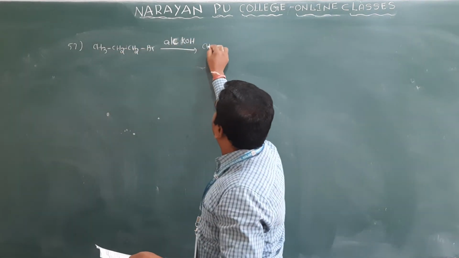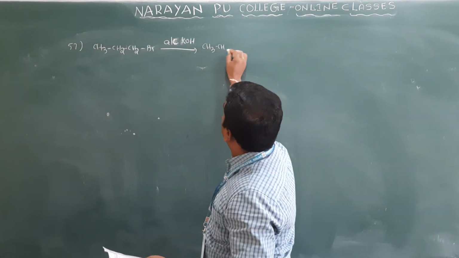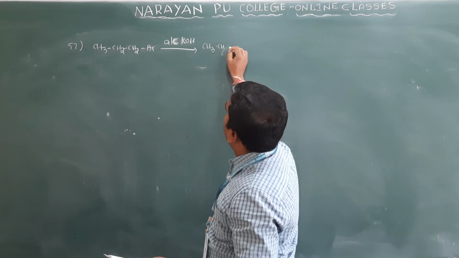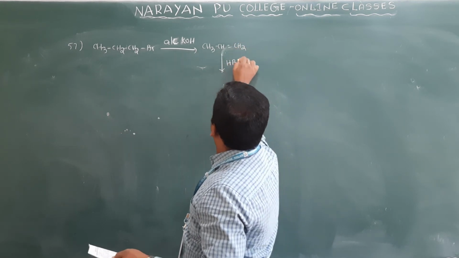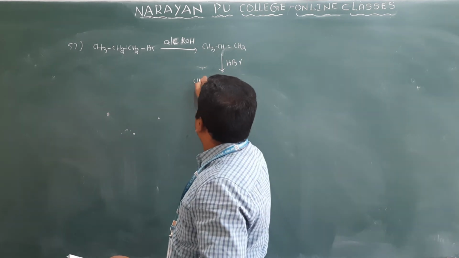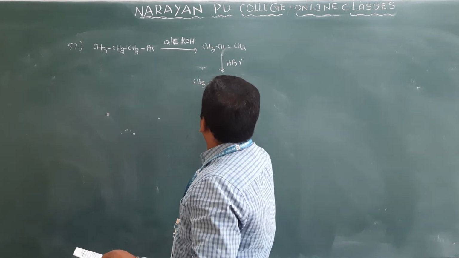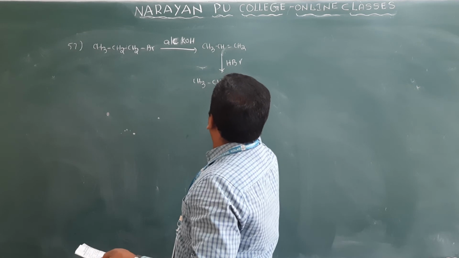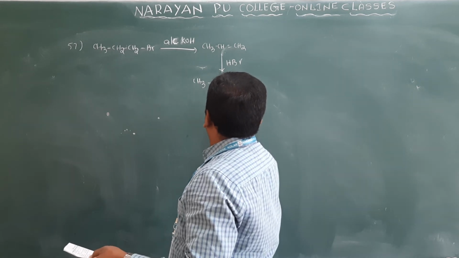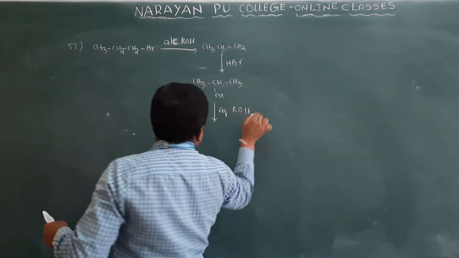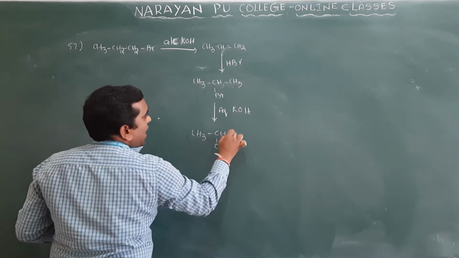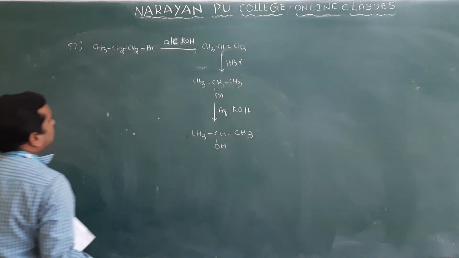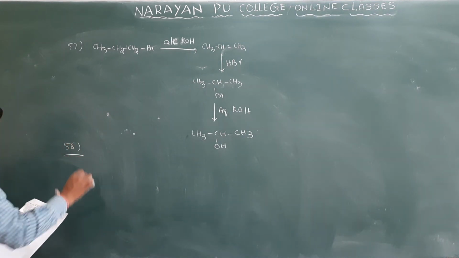Then you get CH3CH=CH2. Then HBr, with no peroxide, so it follows Markovnikov's rule, and you get CH3CHBrCH3. Then they are asking aqueous KOH. Aqueous KOH means substitution reaction, and OH replaces Br. That is 2-propanol. Clear?